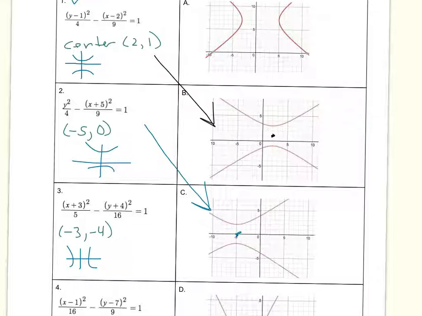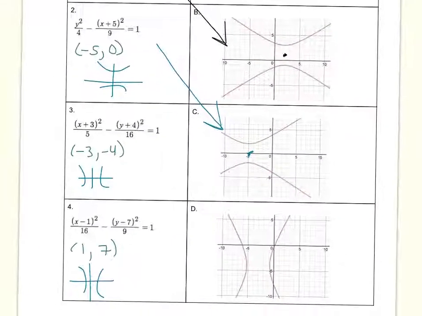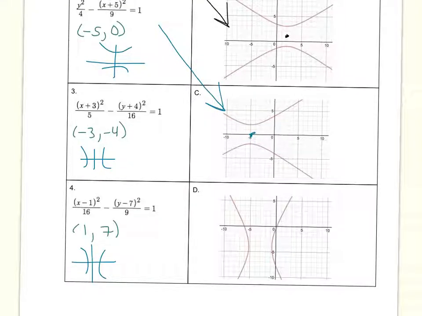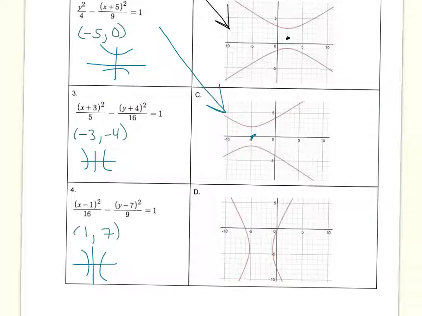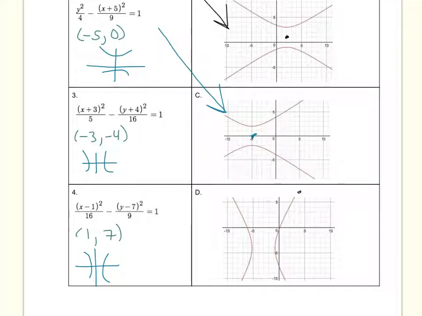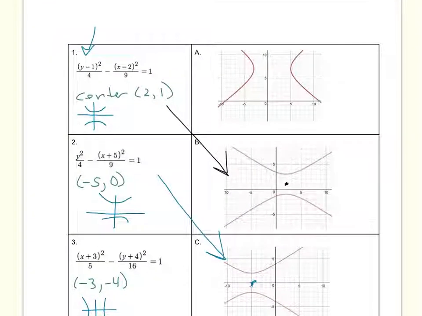So now we just have to match up 3 and 4. We know it's going to be A or D because those are the only ones left. So 4 has a center of 1, 7. If you look at 1, 7, that's way up here on D, so it's definitely not D. So 4 is going to have to be A, because you can see 1, 7 is somewhere here, and that seems like a reasonable center for this one.